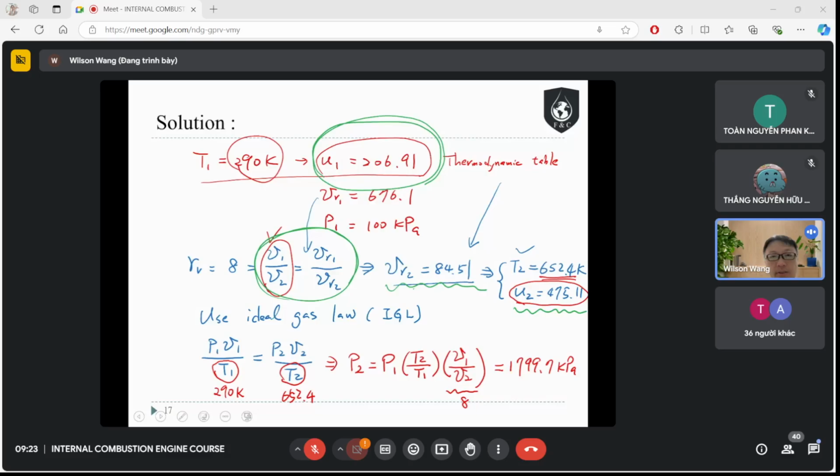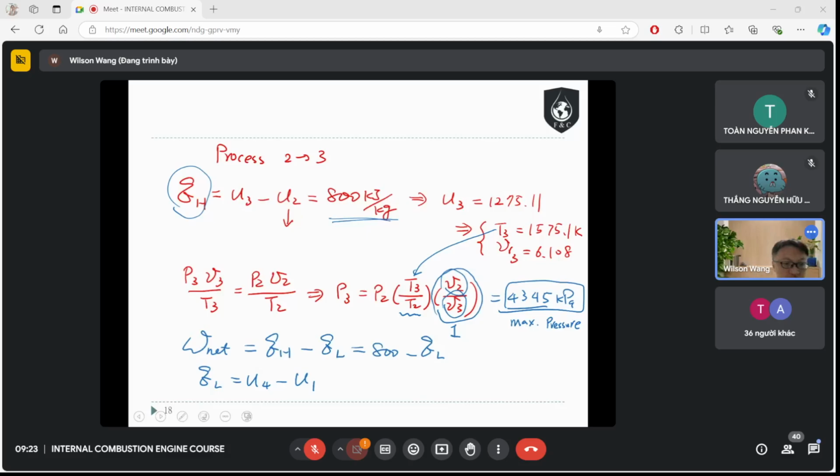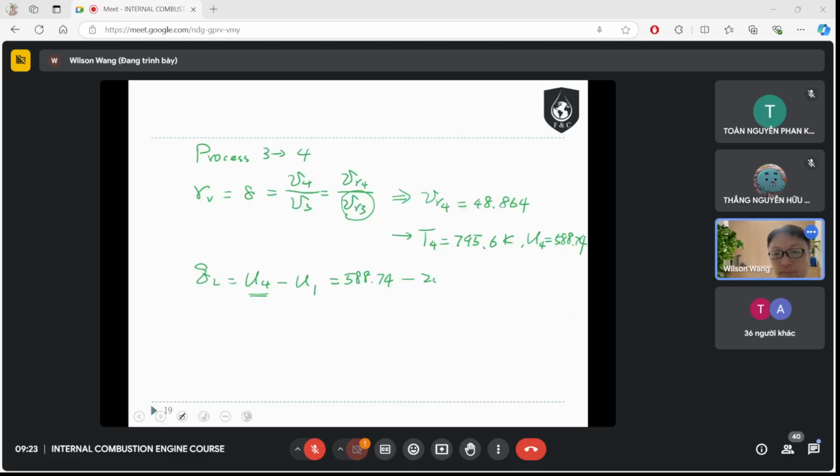U1 is 206.91. So that is QL, so the net work is QH minus QL.